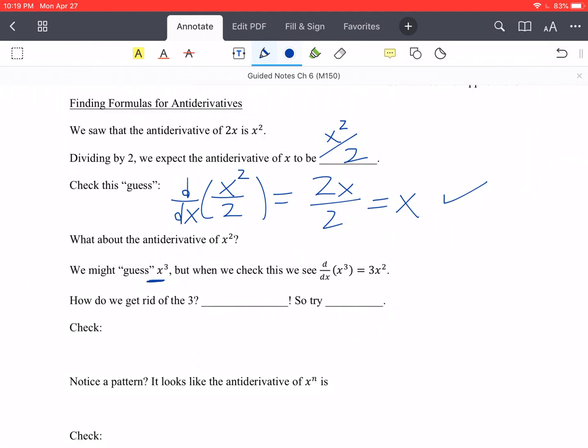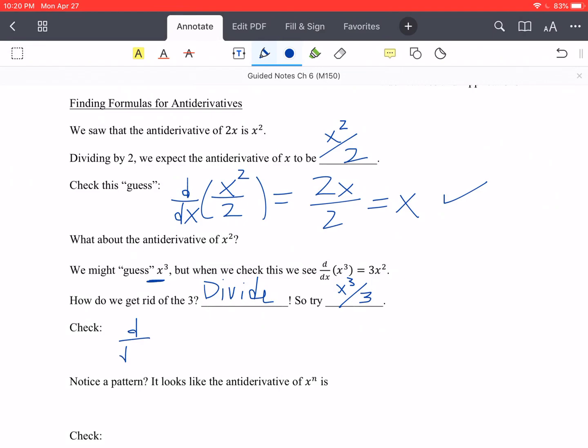Not just x squared. How can we get rid of this 3? Well, we can do that by dividing both sides by 3. Okay, so the key here is to divide. So instead of just x cubed, let's try x cubed over 3 and say that that's the antiderivative of x squared.